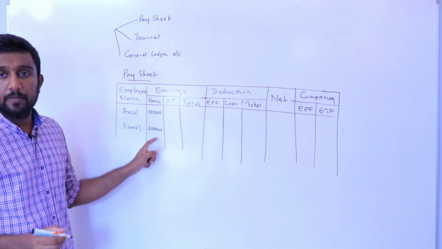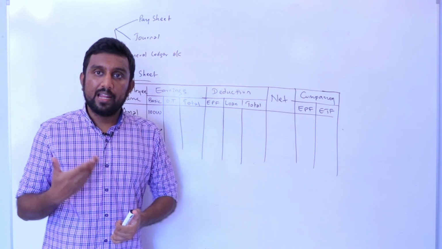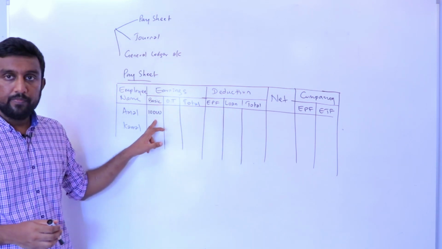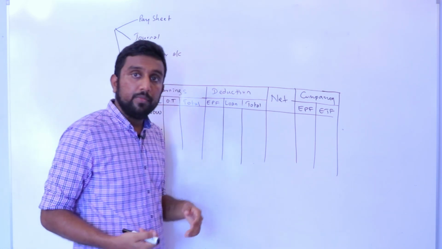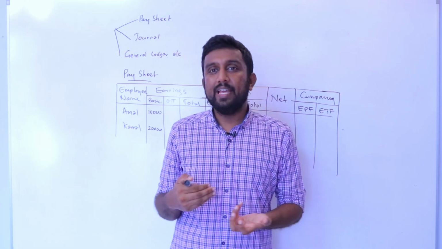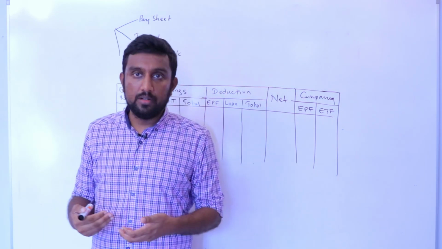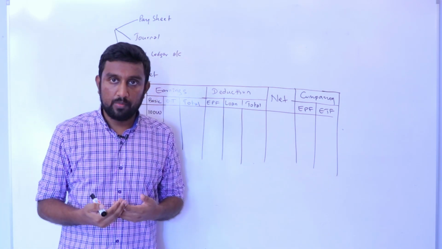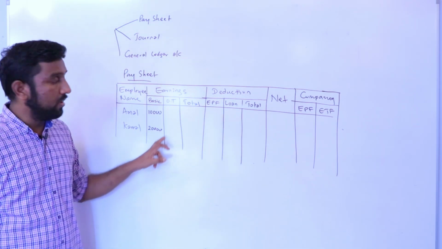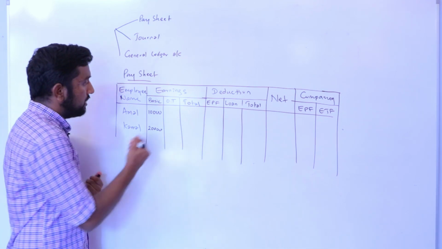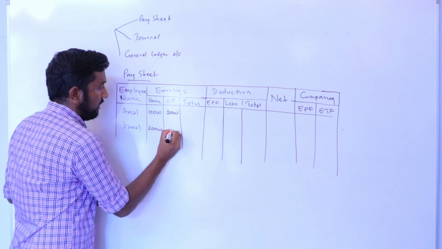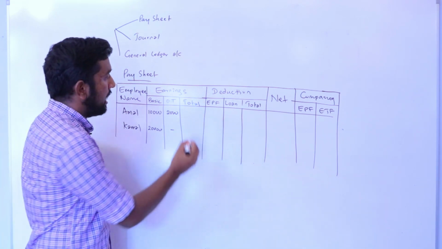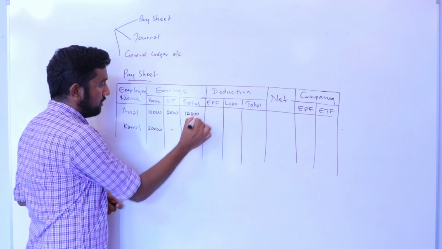So this part you should know, to calculate the values. That takes some time in the question. That is basic maths. They will give the hours, they will give the days, so you have to use that information and calculate this. Likewise the overtime as well. So overtime, let's say 2,000, and he doesn't have any overtime, and the total is 12,000 and 20,000.